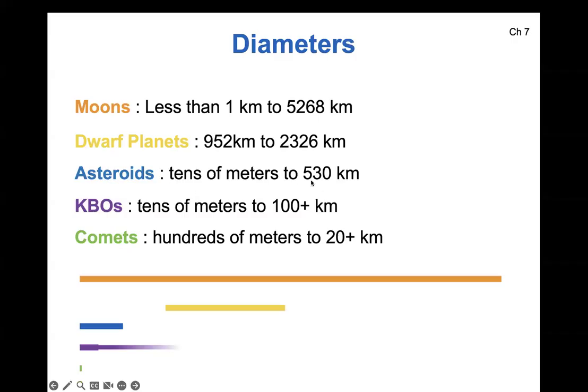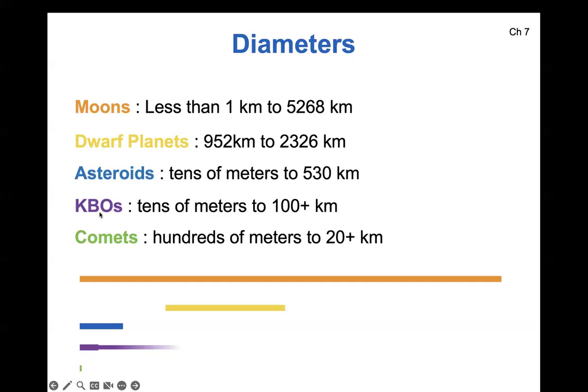But this is kind of the upper limit, and somewhere between 530 and 952 is where that transition happens. And we just don't have any representative asteroid or dwarf planet in that range because we are, of course, just one solar system. But if you were to survey other solar systems, you could certainly find some sort of body in here and find out exactly where that cutoff is. But we just know it's somewhere between the two.